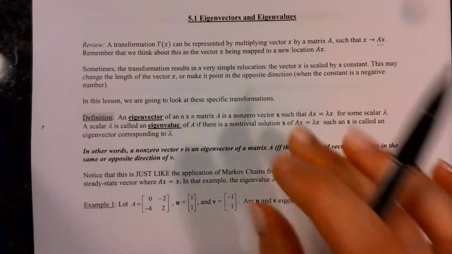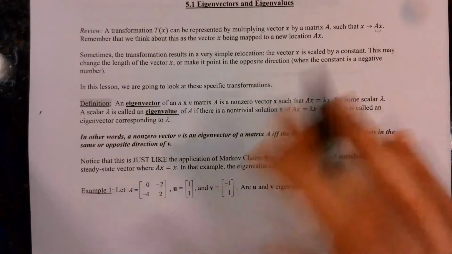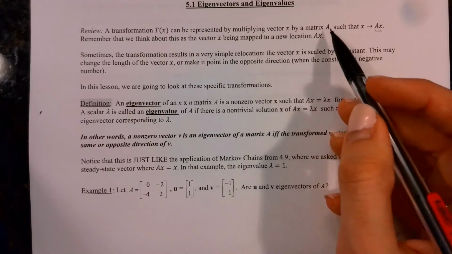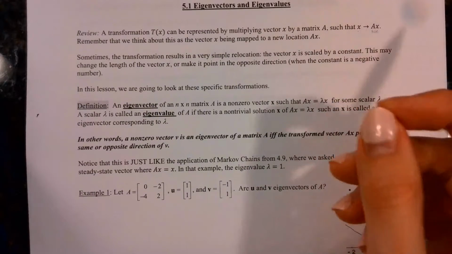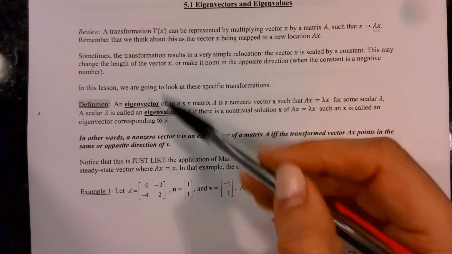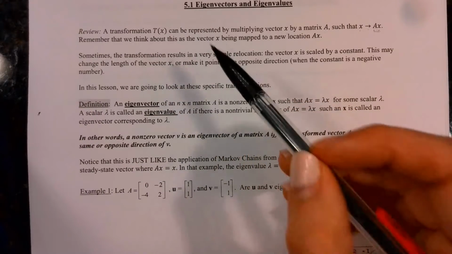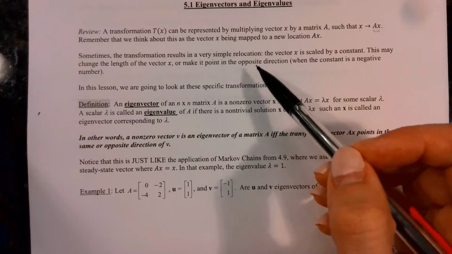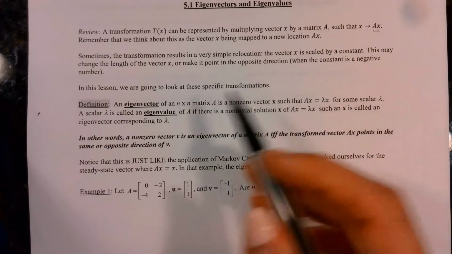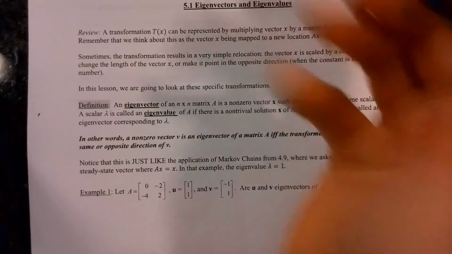So if we multiply a vector by a matrix, and the only thing that changes is either the length of the vector, the whole vector scaled by one number, or it was pointed in the opposite direction, which is the same as the whole vector being scaled by a negative, this is what we call an eigenvector.